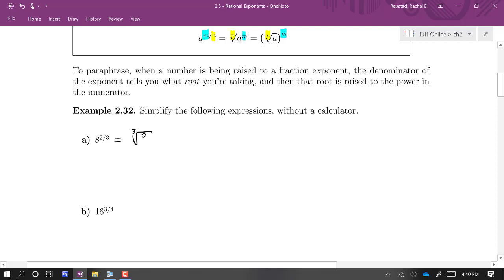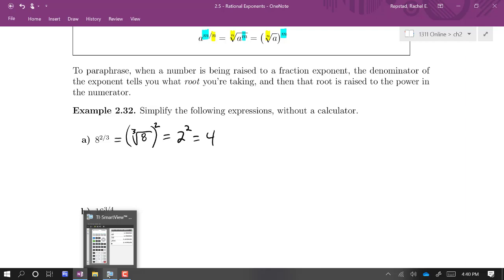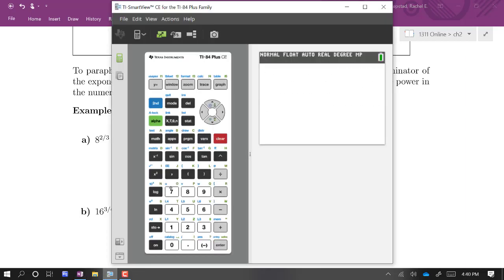So I've got the cube root of 8, squared. This is convenient because 8 is a perfect cube. The cube root of 8 is 2, and then I'm going to square that. So we get 4. And on your calculator, you can confirm this. If I take 8 and raise it to the 2/3 power, you'll see it gives me 4.